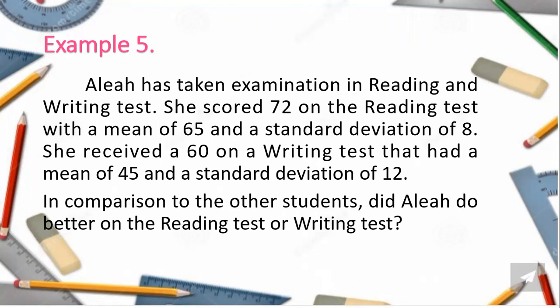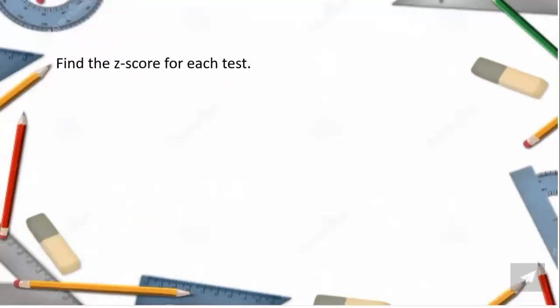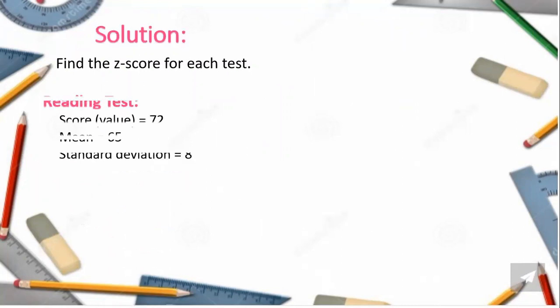To answer this problem, we are going to compute the Z-score for each test. For our solution, note that for the reading test, these are the given values. Aliyah got a score of 72. The mean score is 65 and the standard deviation is 8.